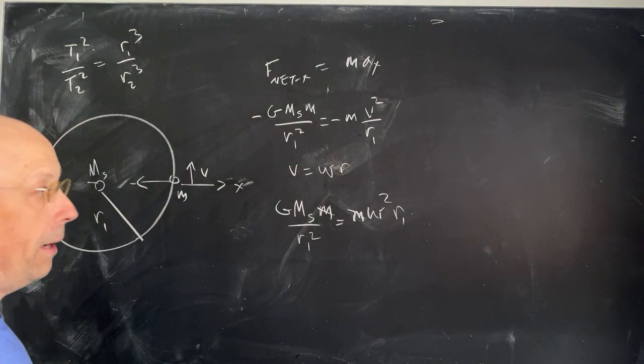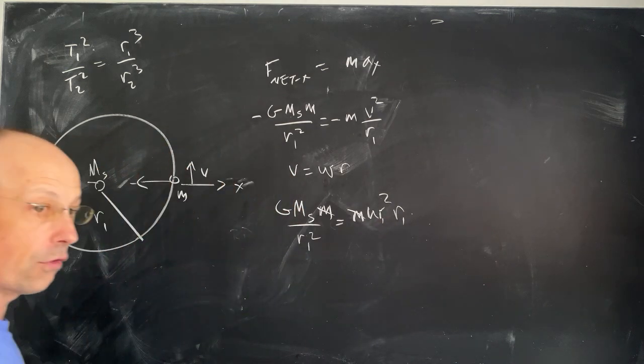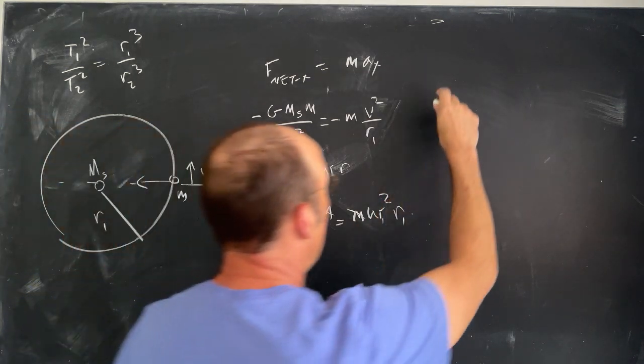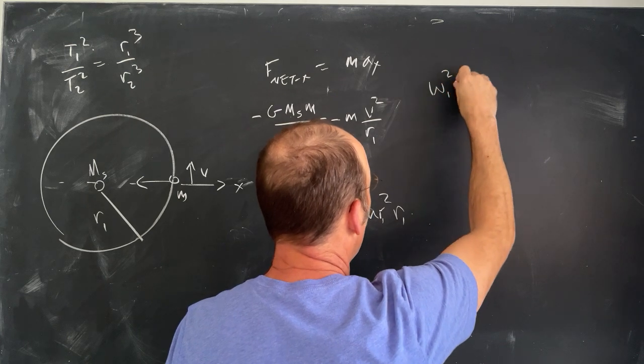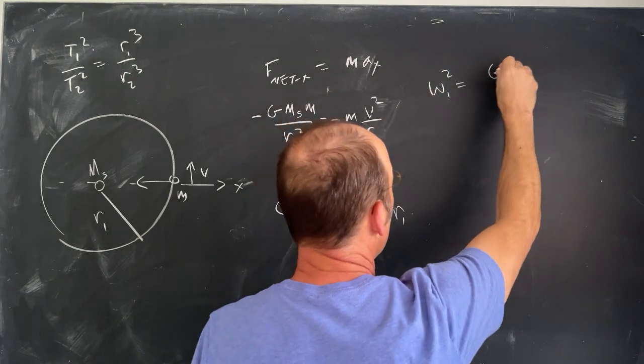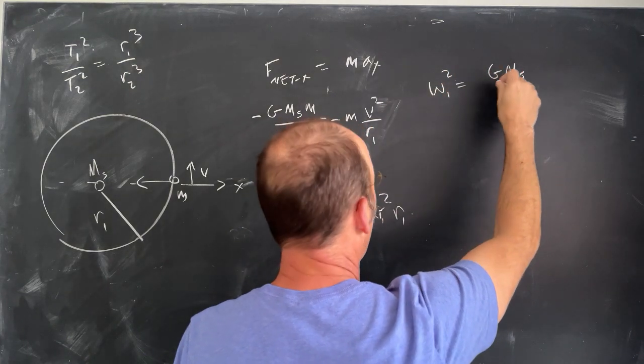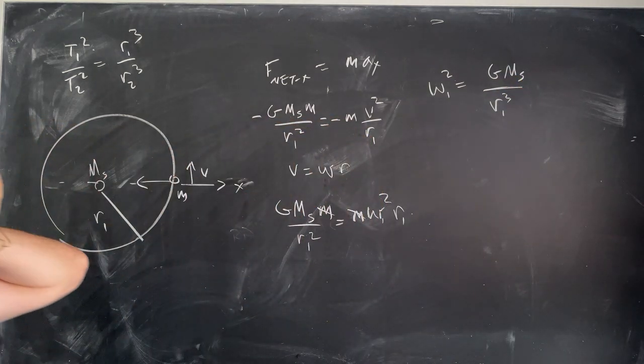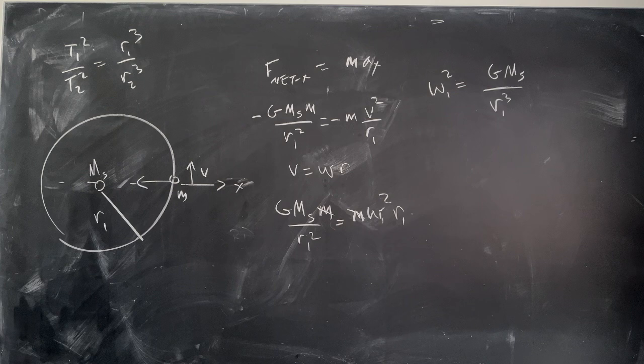Let's solve for omega. And this is omega 1. This is the angular velocity to go around once. So I'm going to just divide both sides by r1, and I get omega 1 squared is equal to G, mass of the sun, over r1 cubed. I don't care about omega. I care about the angular period, the orbital period.